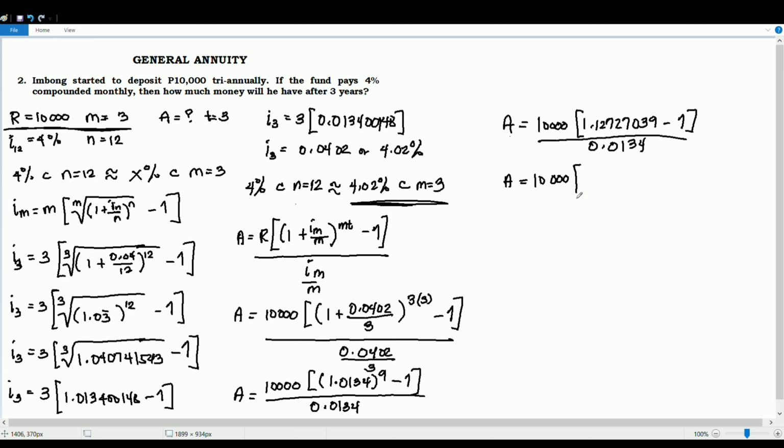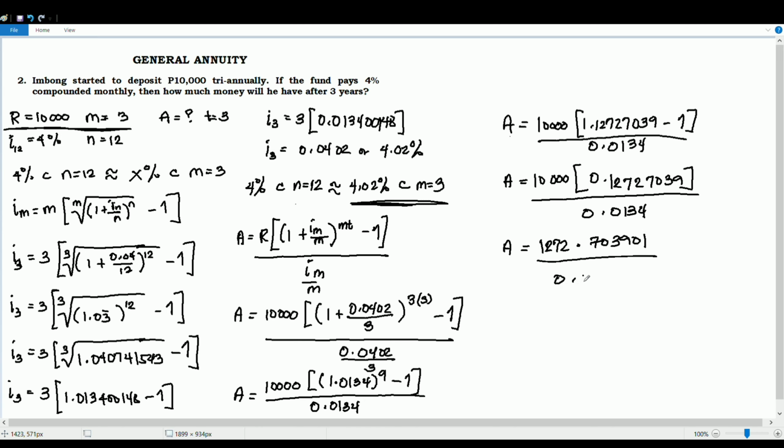Therefore, we have 10,000 times 0.12727039 over the denominator of 0.0134. Multiplying the numbers in our numerator, we have 10,000 times the number inside the bracket, which is the same as 1,272.703901 divided by the denominator of 0.0134.